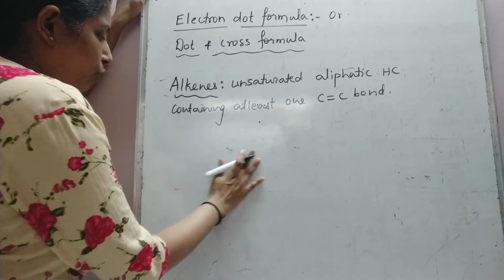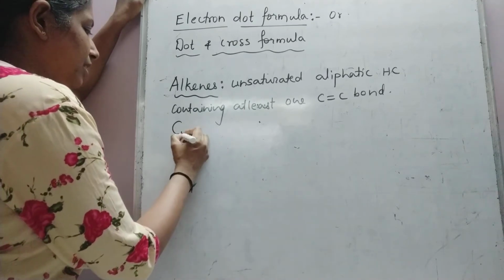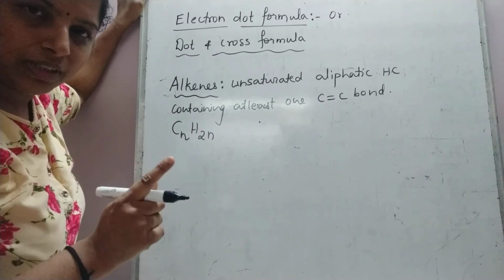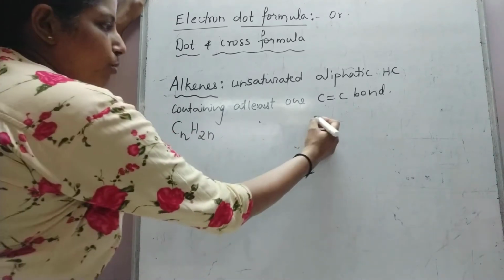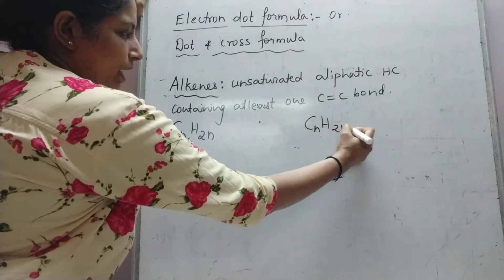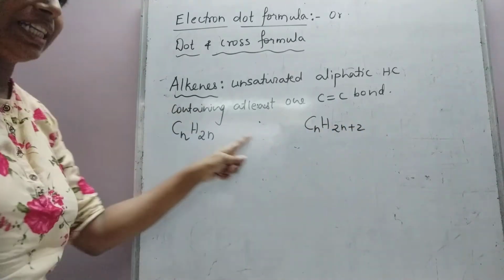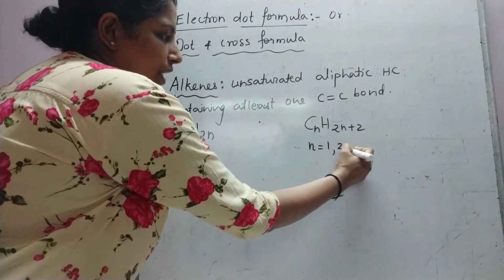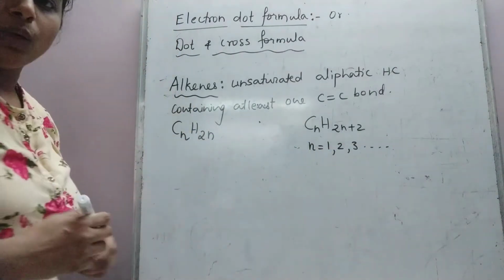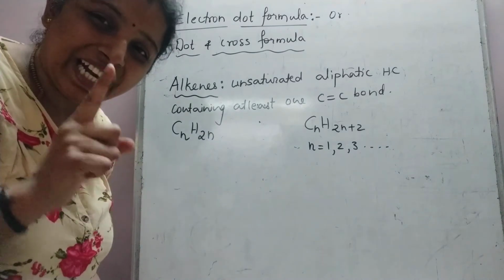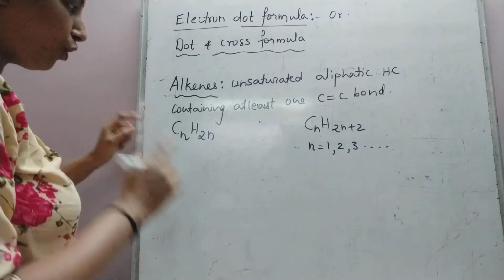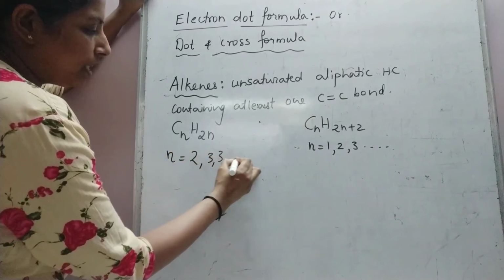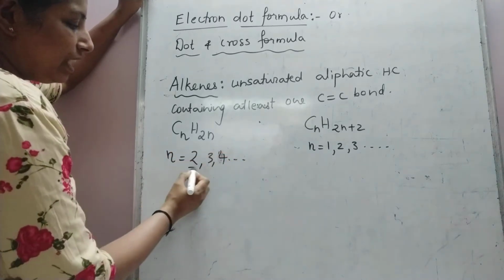What have we learned about the general formula of alkenes? General formula of alkenes is CnH2n. Remember, in the general formula of alkanes, that is CnH2n+2, we had taken the value of n starting from 1. Now in alkenes, you need at least one carbon-carbon double bond, for which you will require at least 2 carbon atoms.